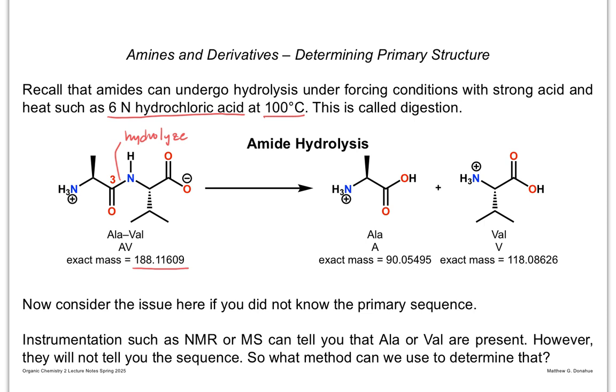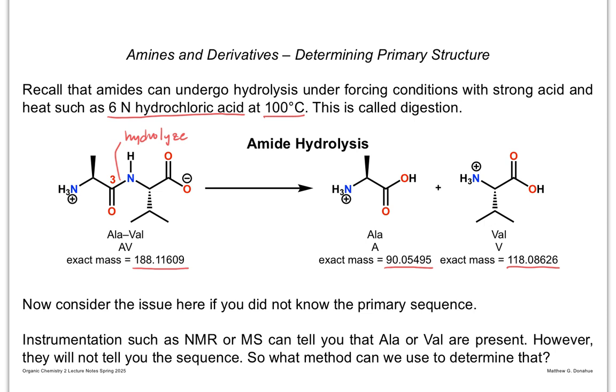Say, for example, we were able to separate those 2 things and run mass spec on them. We would find that alanine has that mass, valine has that mass, and then we could say, yes, that dipeptide consisted of those 2 amino acids.